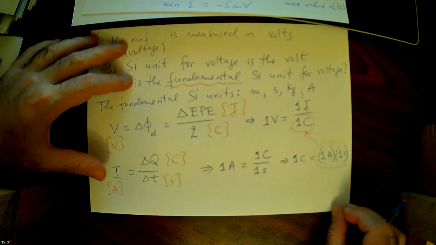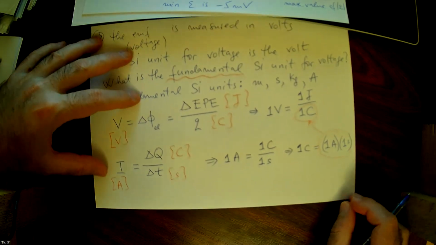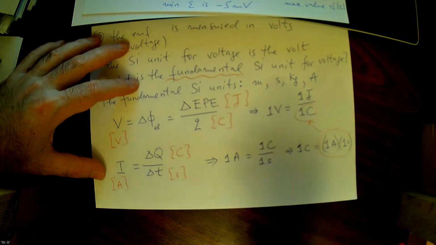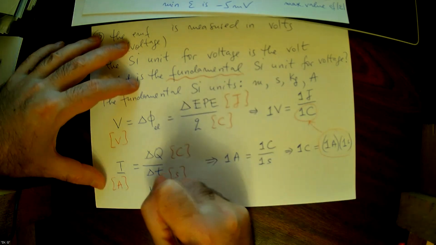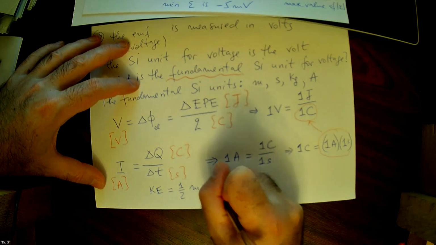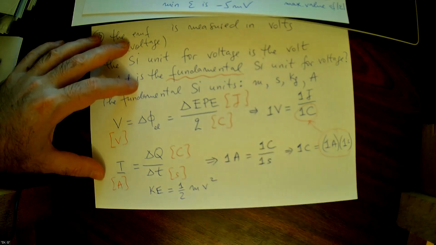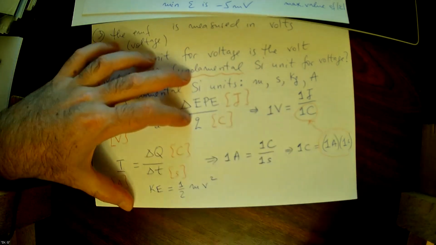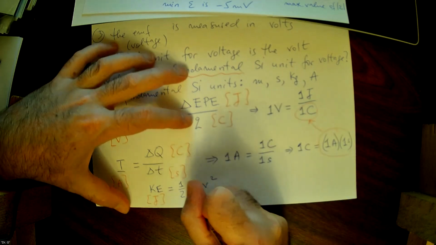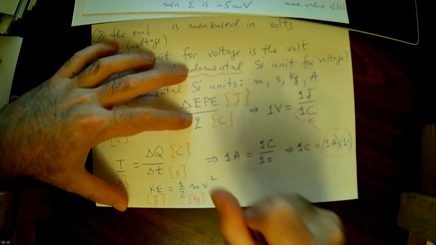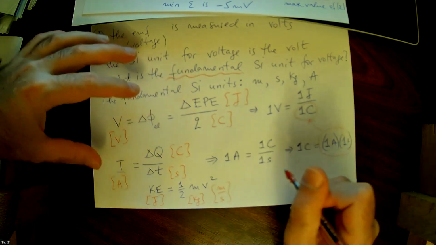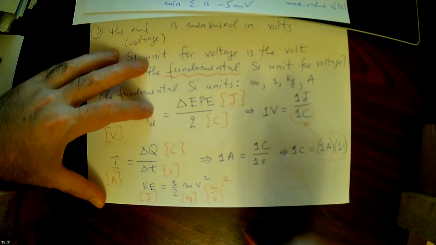To figure out the units for the joule, I'm gonna write down the formula for kinetic energy. Kinetic energy is 1/2 the mass times the speed squared. So energy is measured in joules. The mass is measured in kilograms, and the speed is measured in meters per second. But I have to square this.